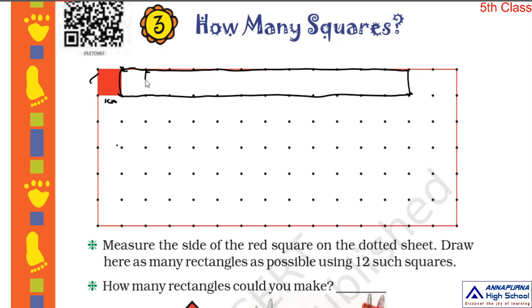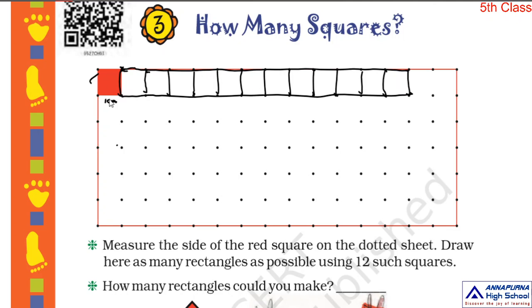Now, how many such squares are there? By using 12 squares, 1, 2, 3, 4, 5, 6, 7, 8, 9, 10, 11, 12.